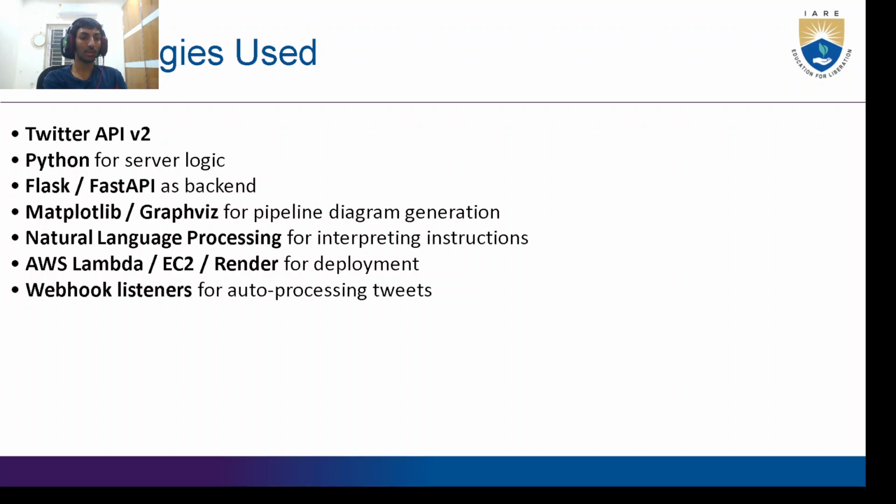AWS Lambda or Render for deployment, webhook listeners for auto-processing tweets, natural language processing for interpreting instructions, Matplotlib and Graphviz for pipeline diagram generation, Python for server logic, and Twitter API version 2.